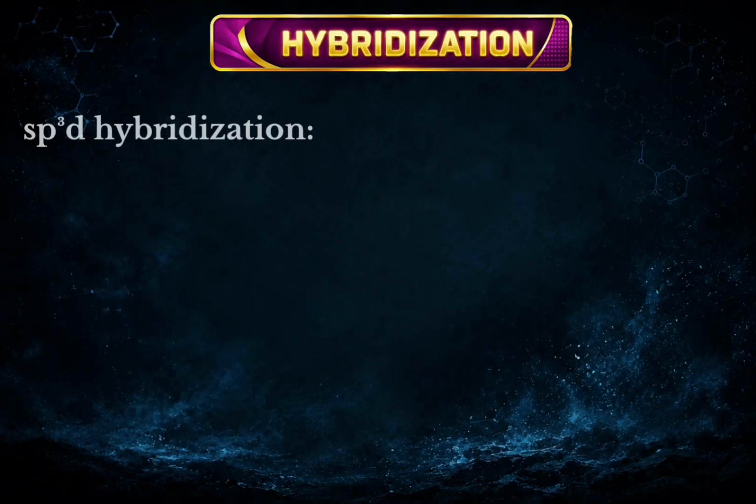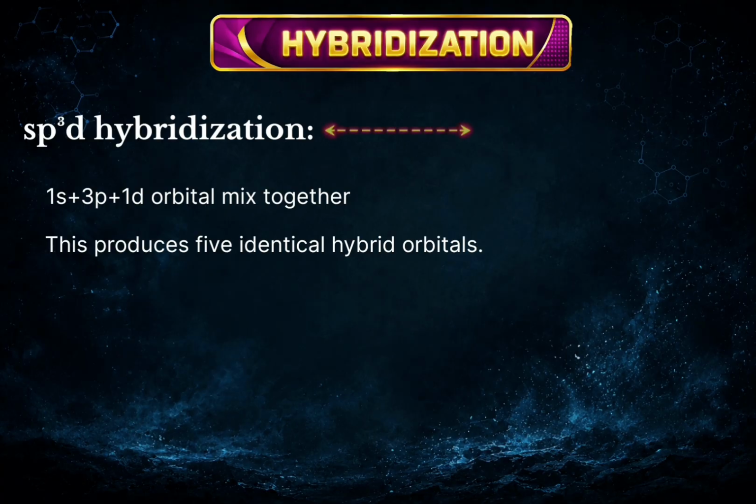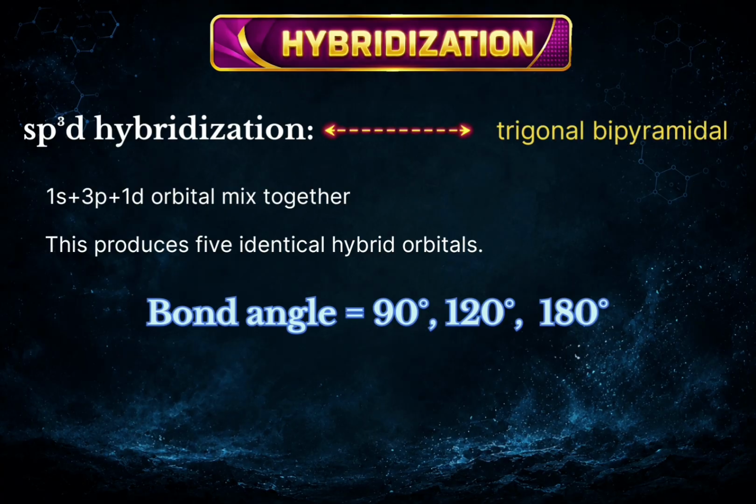In sp³d hybridization, 1 s orbital, 3 p orbitals, and 1 d orbital mix together. This produces 5 identical hybrid orbitals. Their geometry is trigonal bipyramidal, with ideal bond angles of 90 degrees, 120 degrees, and 180 degrees.